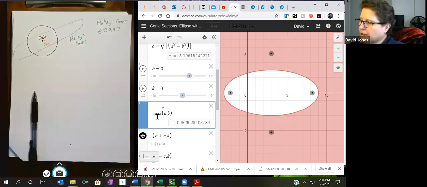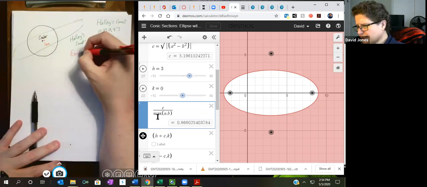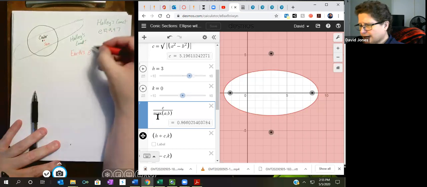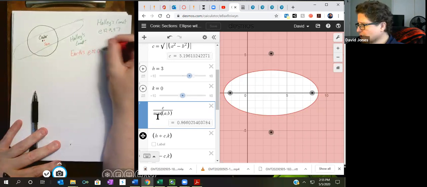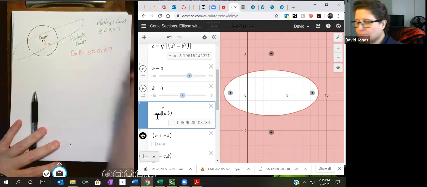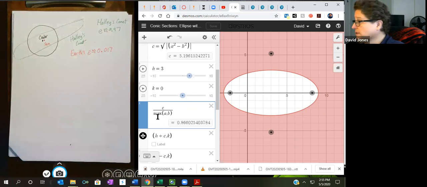To put it in comparison, Earth's eccentricity, its orbit around the center, or its roundness of how it goes around the center, is about 0.017. We are almost circular in orbit around the center of our solar system. And the reason why is the sun is so close to the center.